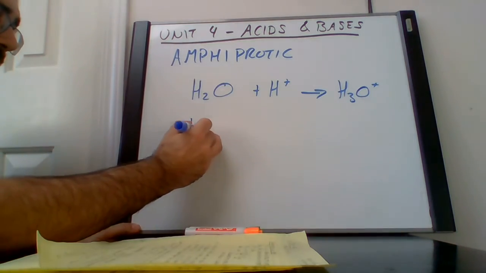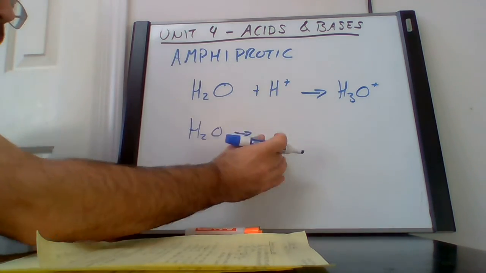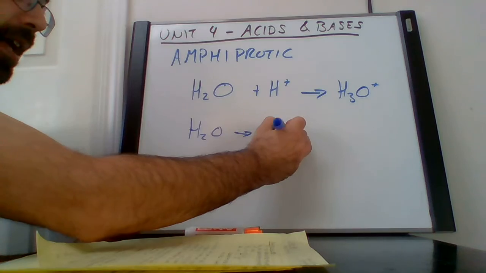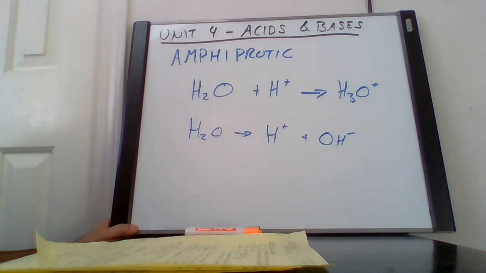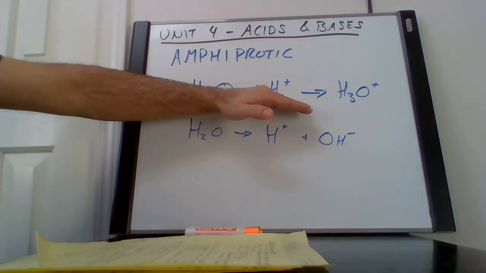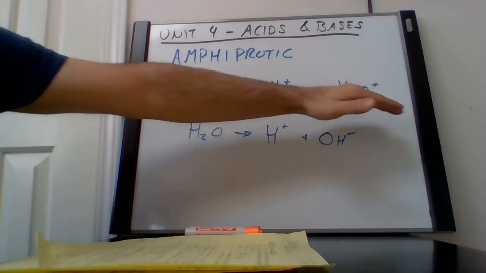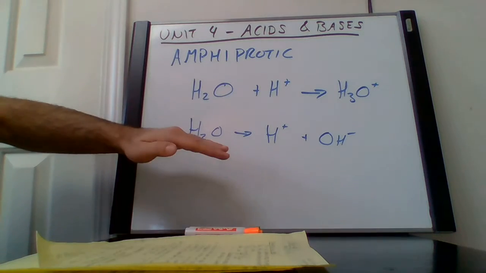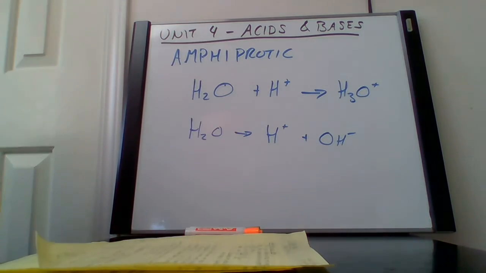Or if we take that H2O, it can also donate that proton and also have then that hydroxide ion. Okay, so this is showing that amphiprotic nature of water. We can gain a proton, making it act as a base to become the H3O plus ion, or it can be the H2O where it donates that proton and we have that OH minus.